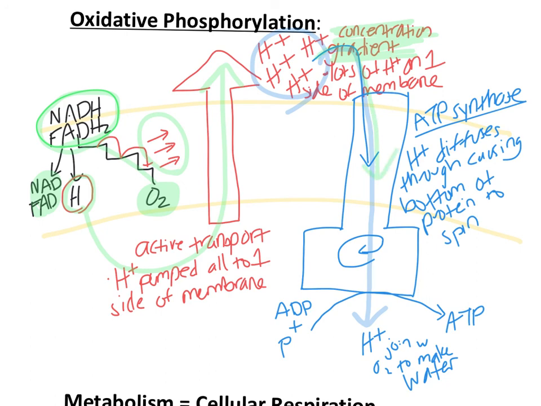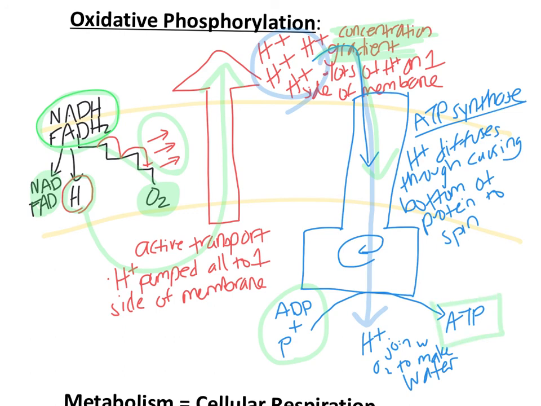As the hydrogens move through ATP synthase, they cause the base of the protein to spin. The motion of that spinning provides energy to plug a phosphate on to ADP. That then makes ATP.